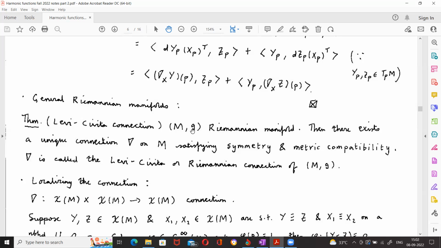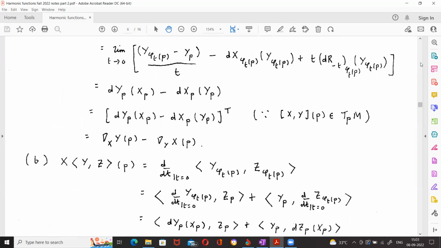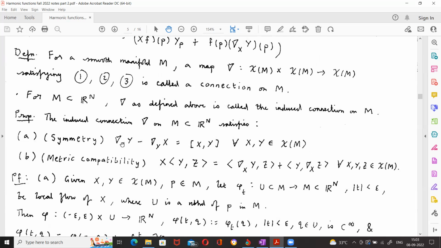So suppose Mg is a Riemannian manifold, then the theorem says there exists a unique connection nabla on M, which in addition to the usual axioms, satisfies symmetry and metric compatibility. Okay, so that means that nabla xy minus nabla yx is equal to bracket xy.